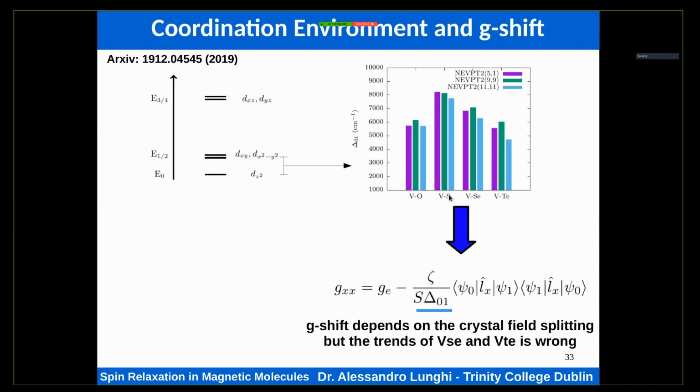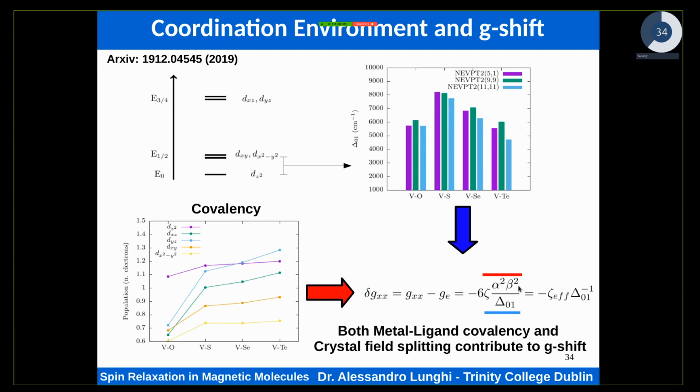The g shift for the molecule with sulfur is actually the smallest one. However, if we just include this in our picture, we also need to go beyond the crystal field and include covalency between the ligands and the metal. To do so, we replace these expectation values with two parameters, alpha and beta, at the numerator, and this accounts for covalency.